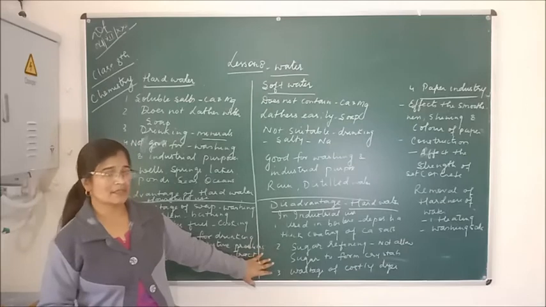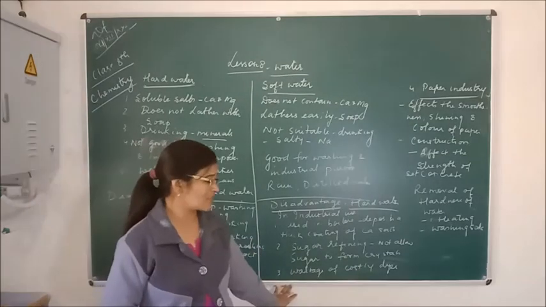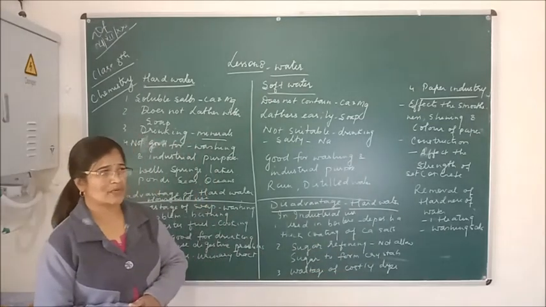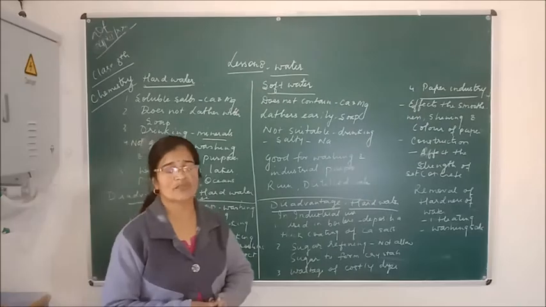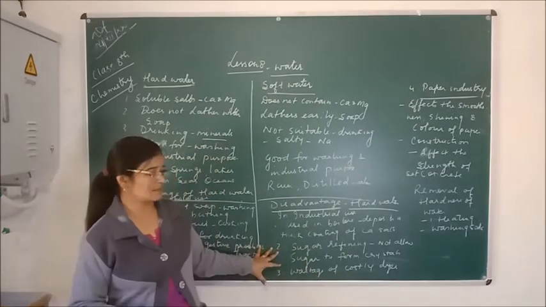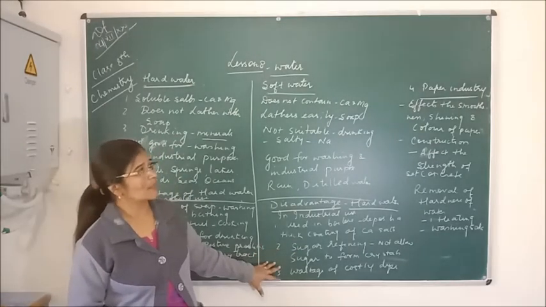Not only this, in the textile industries also it is not good, because it causes wastage of costly dyes. Sometimes the fabrics have spots because of the calcium and magnesium salts, so fabrics get damaged also. So these are the main disadvantages.